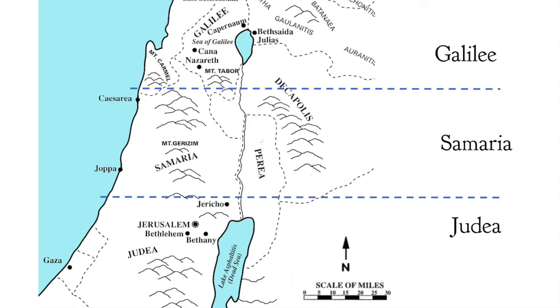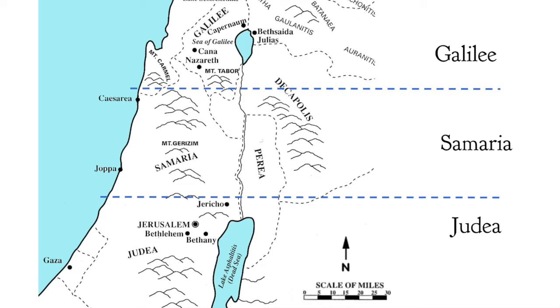The book of John, as you can see, takes place all throughout Palestine. I have a map here, and you see in the south you have Judea, in the middle region Samaria, and in the north Galilee. These three regions are all places that Jesus goes and spends at least some time with people.